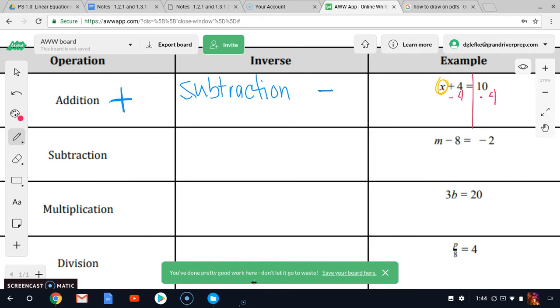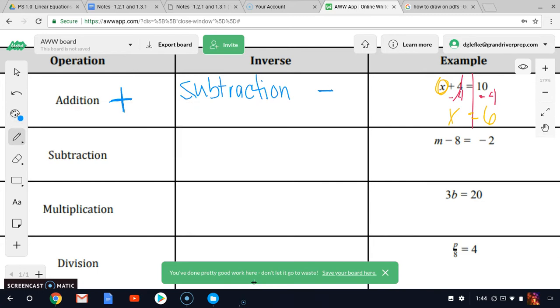That's how we know we're keeping the equation equal. If we have a plus 4 and then a minus 4, those will cancel out. Those will turn to 0, so we're going to cross that out. Then our answer is x by itself here because the 4's went away, and 10 minus 4 is 6. So x equals 6.